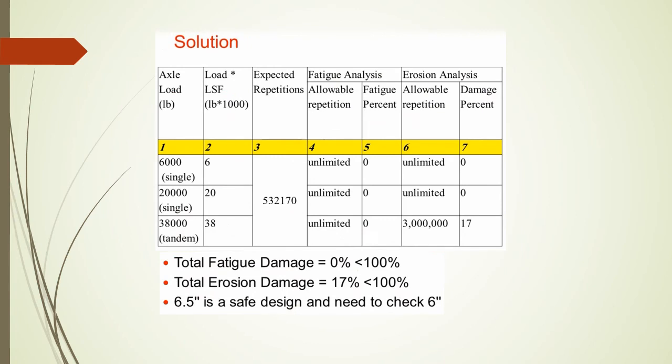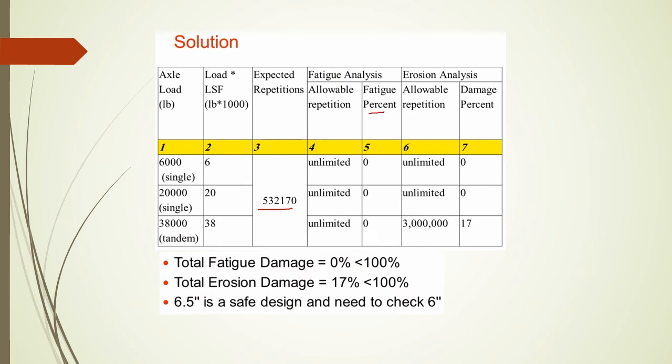So here we have 6,000 pound single, 20,000 pound single, and 38,000 tandem. The load multiplied by the load safety factor, which was 1, so the numbers will remain the same. The expected repetitions, we calculated them, and the allowable repetitions are unlimited for all axle weights, so the fatigue percent is 0.